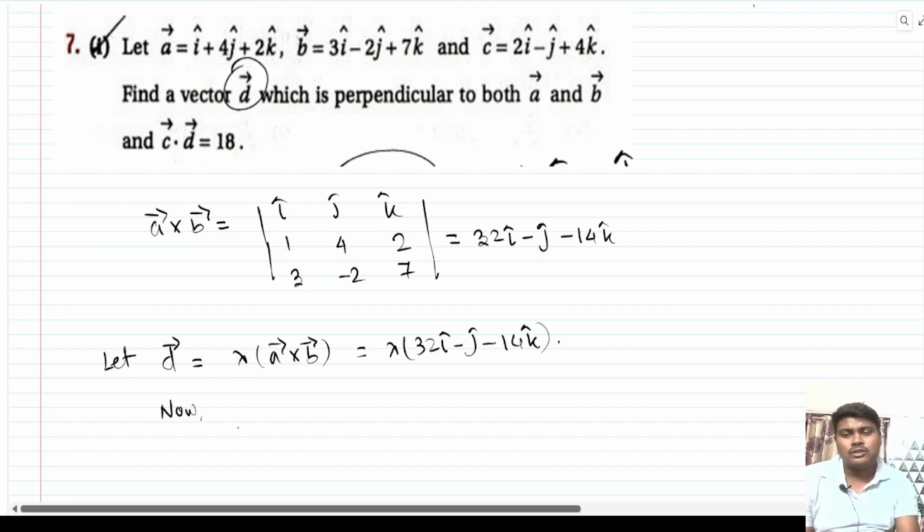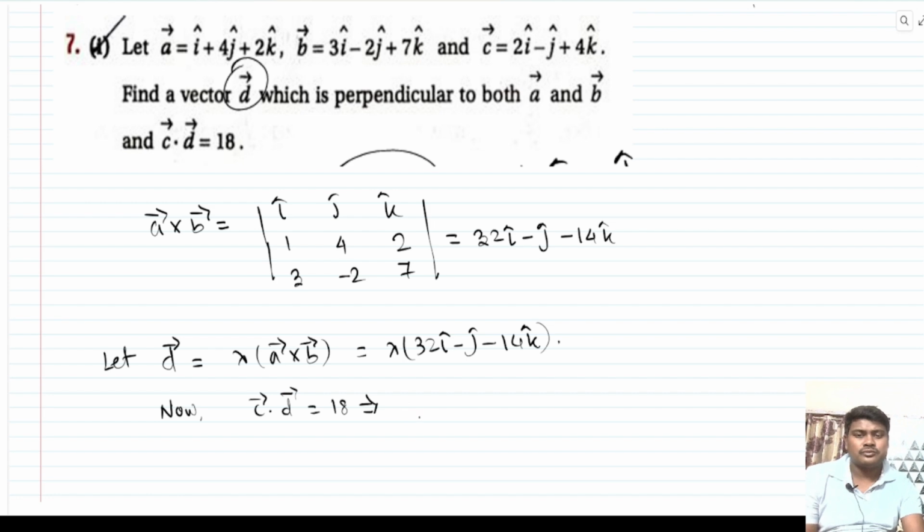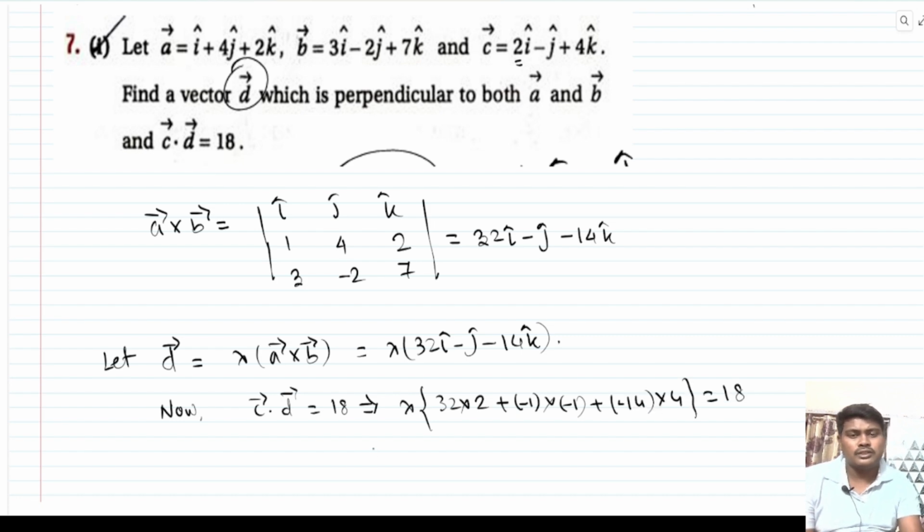Now it is given that c dot d vector equals 18. This implies that lambda into 32 into 2 plus minus 1 into minus 1 plus minus 14 into 4 is equal to 18. So this implies that lambda.